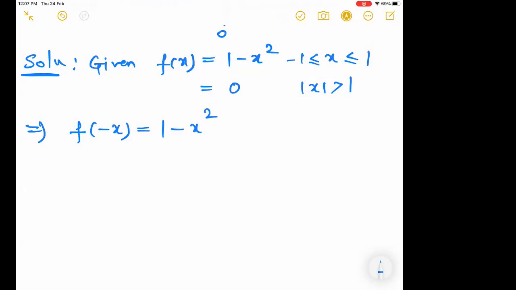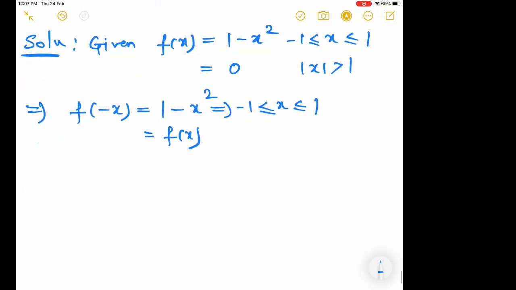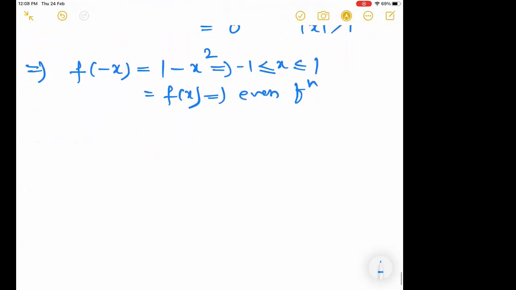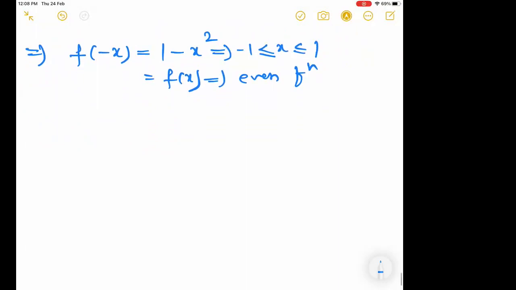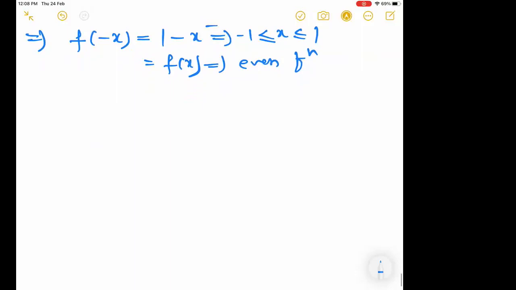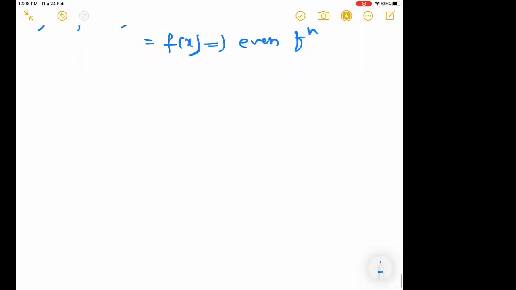Correct or not? Yes, madam. Which implies that your function f(x), and same thing, minus 1 less than x less than or equal to 1, is remaining the same, and therefore it is an even function. When f of minus x is f of x, that means it is an even function in the interval minus infinity to plus infinity. And therefore we will use the cosine transform.